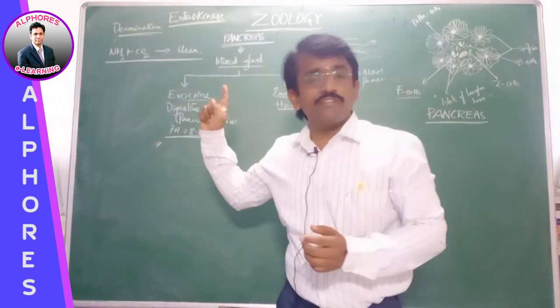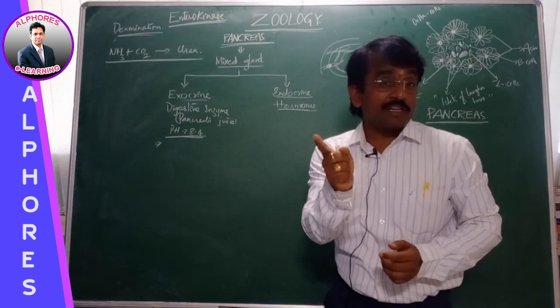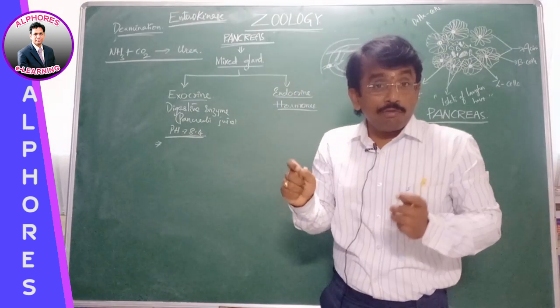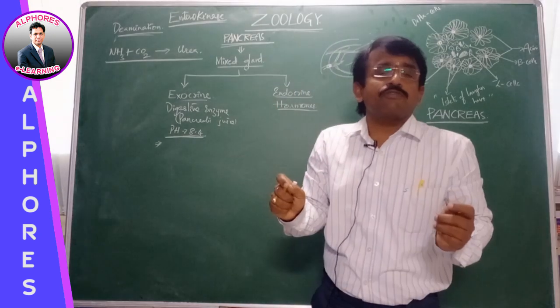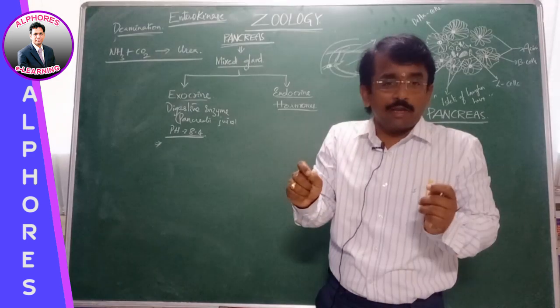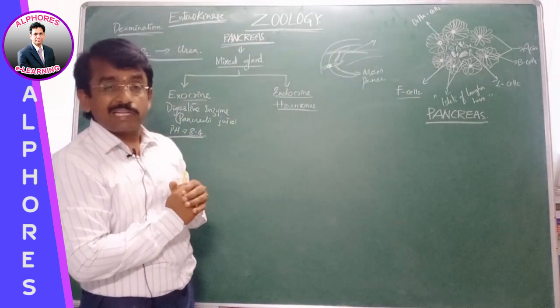The same way in the stomach, pepsin acts upon pepsinogen and converts it into active pepsin. So autocatalysis is the action of an enzyme on its own inactive form, converting it into active form.